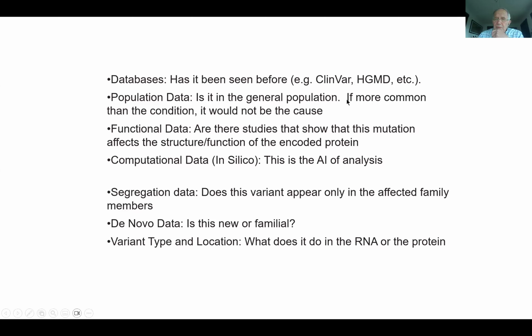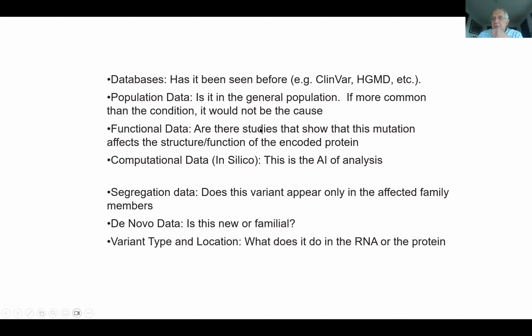If it's more common than the condition, then it won't be the cause. And that's one of the ways that we can decide about this. Or if it's half as common, it won't cause, because that would mean that half of the people who have that would have this thing. So it's only in the case where everybody has the same mutation that you can make that decision about that.